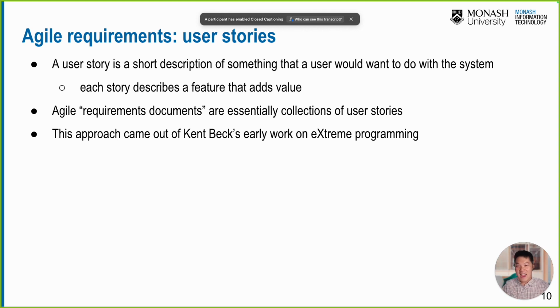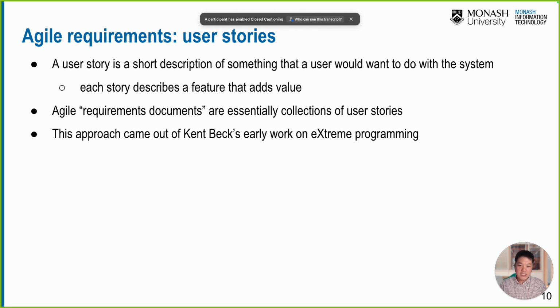Agile requirement documents are essentially collections of user stories. So the requirement documents in the agile process, we often talk about the user stories only, and I'm going to talk about the high level, how to come up with the user story, how to come up with the product roadmap later as well, all right?